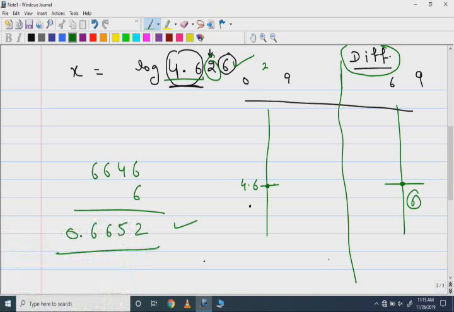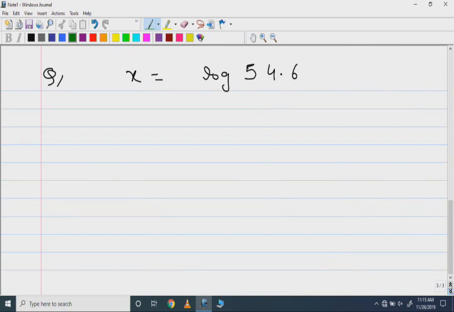Now got it? Anyone who has any doubt? Now are you clear with this one? Okay, good. Very good. Now tell me the answer for this question. What will be the answer for this one? X is equal to log 54.6.